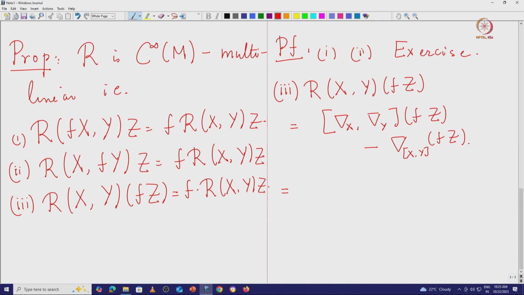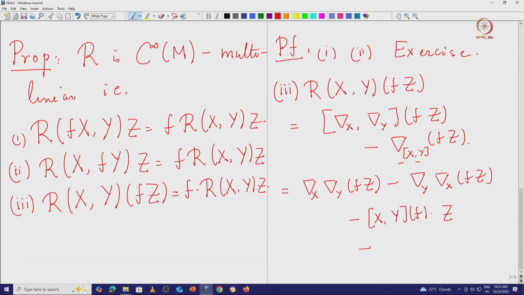So this is nabla X, nabla Y acting on fZ minus nabla Y nabla X acting on fZ minus, I can directly apply the Leibniz rule here, that will be the bracket [X, Y] acting on f times Z minus f times this, right? Okay, so let's evaluate the first two terms again using Leibniz rule.